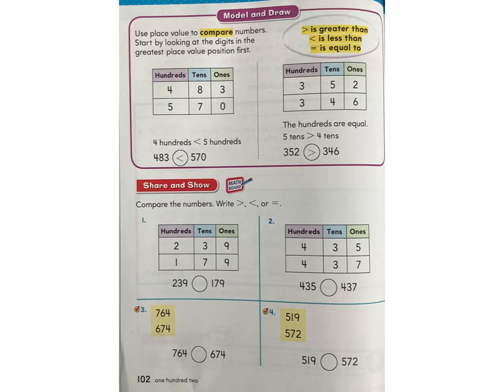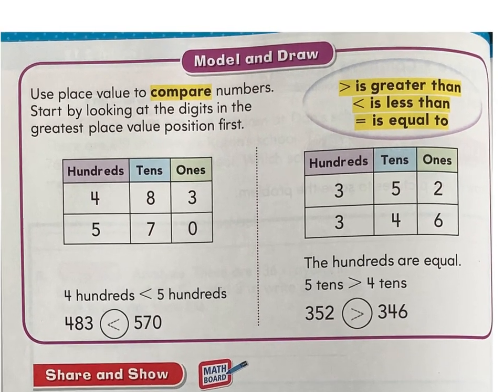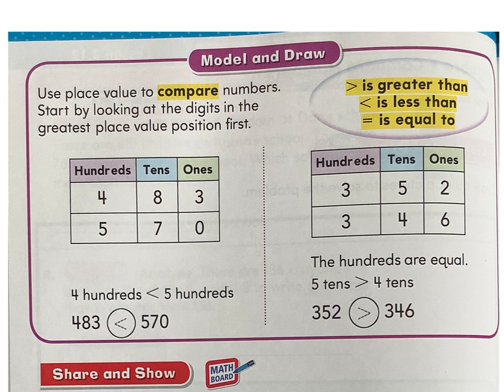Look at the next page. Model and draw. Use place value to compare numbers, so to see which numbers are bigger or smaller. Start by looking at the digits in the greatest place value first. And over here we have our handy dandy symbols with what we say when we read the symbols.